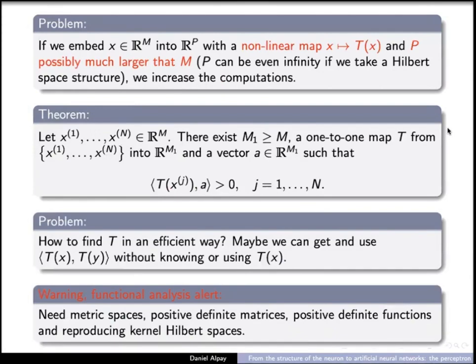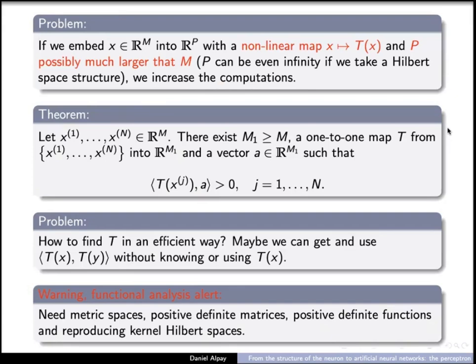To go back to my picture here, we could hope that we embed Rm into Rp, where p is much larger, with a map T which would be one-to-one, and that in this larger space we can separate. But what is the problem? T is not good. So the hope was maybe we can use not T, but this function, the inner product of Tx and Ty.